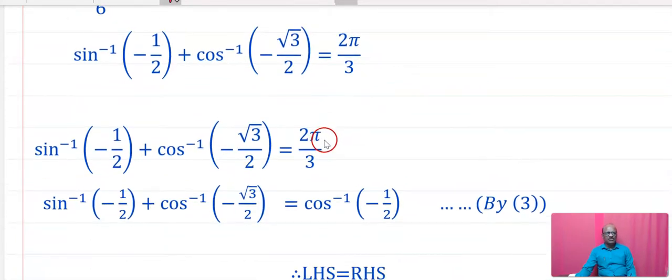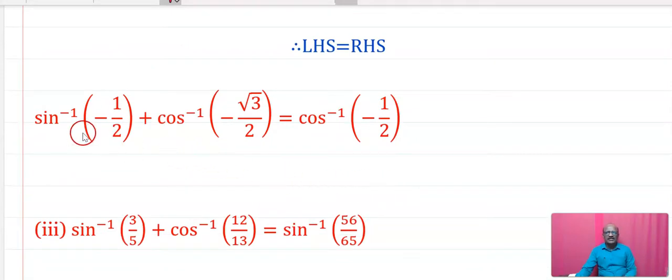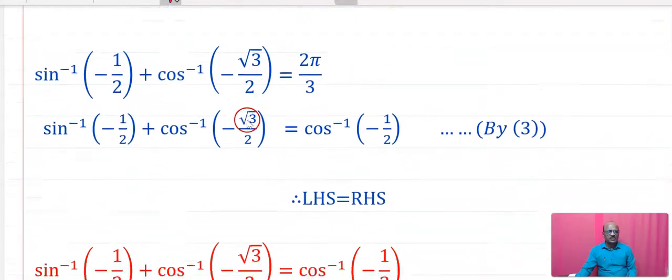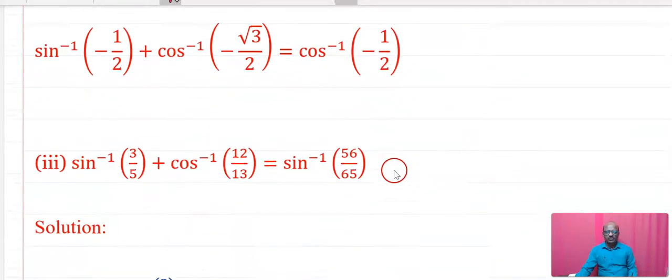This is the 2 pi by 3, and that is nothing but the cos inverse of minus 1 upon 2. And hence LHS is equal to RHS. And hence sine inverse of minus 1 by 2 plus cos inverse of minus root 3 by 2 is equal to cos inverse of minus 1 upon 2.